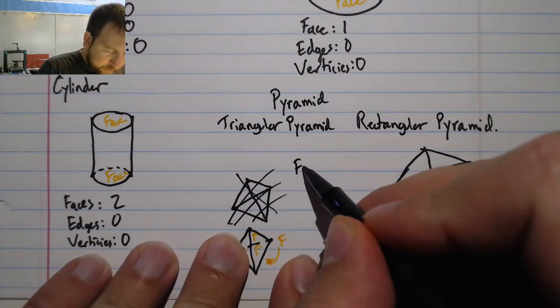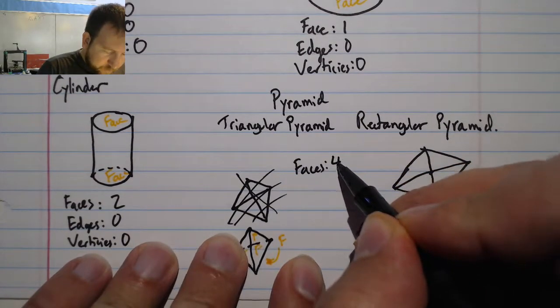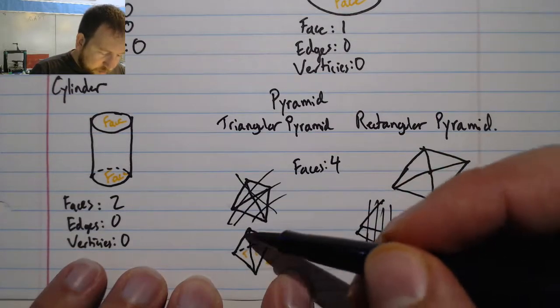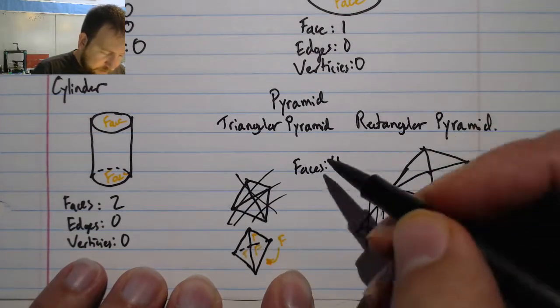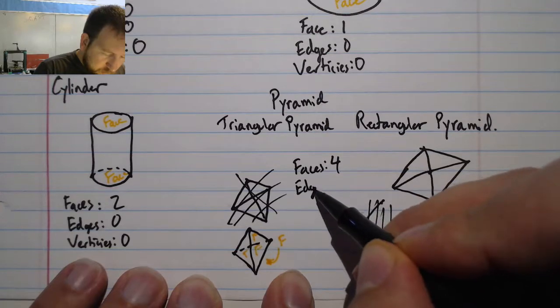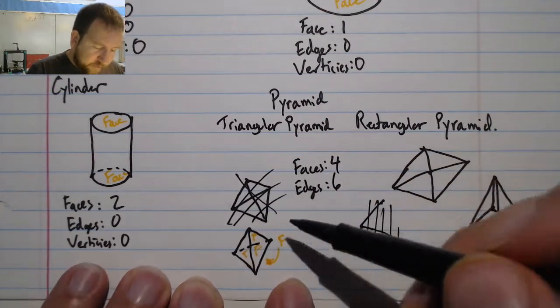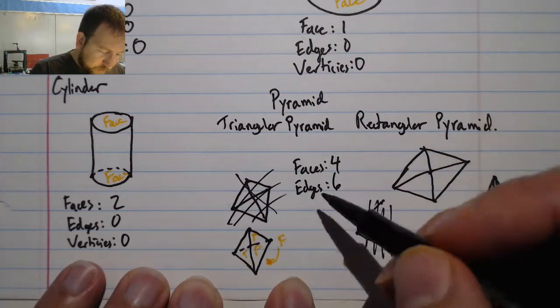So we have 4 faces. As far as edges, we would have 1, 2, 3, 4, 5, 6. And as far as vertices, 1, 2, 3, 4.